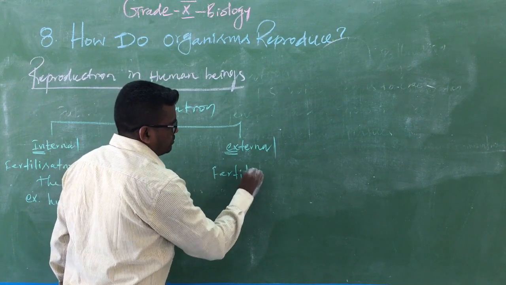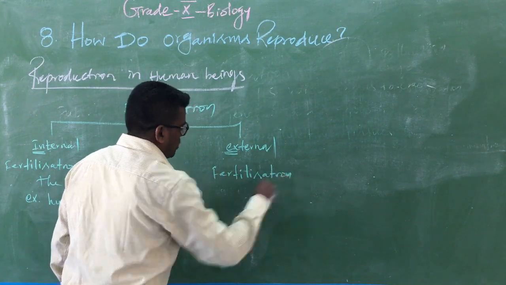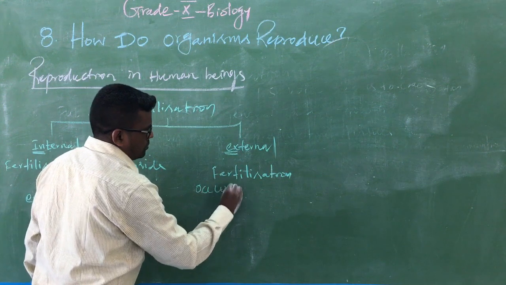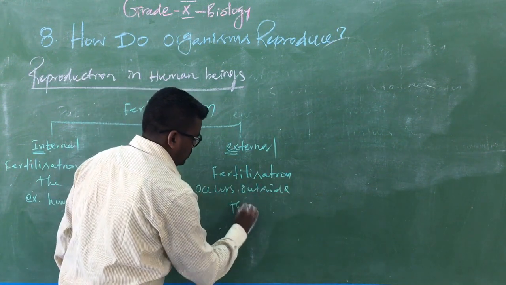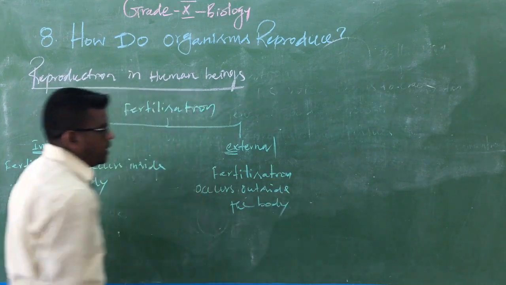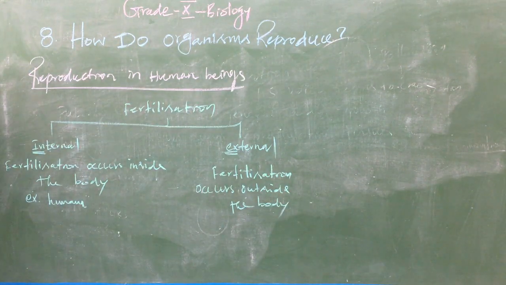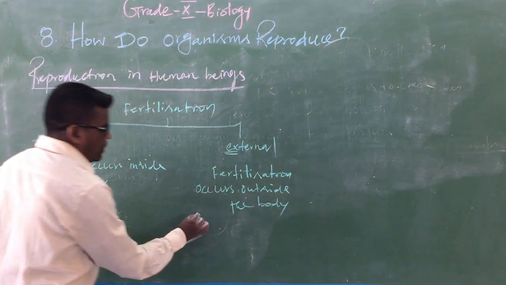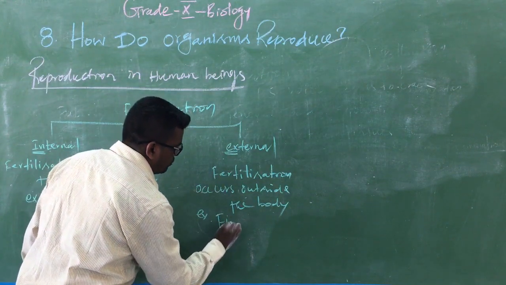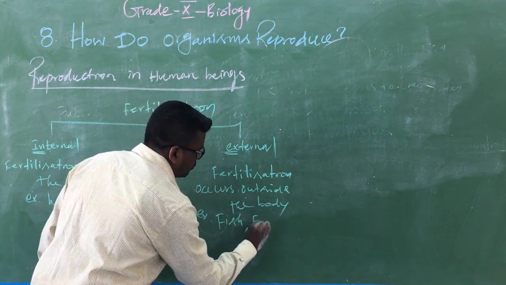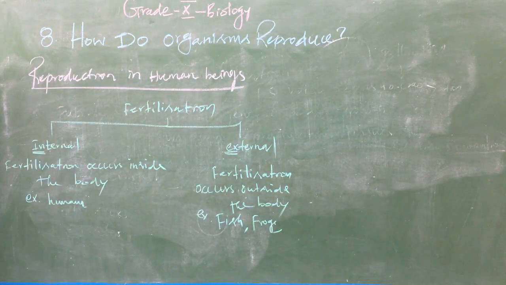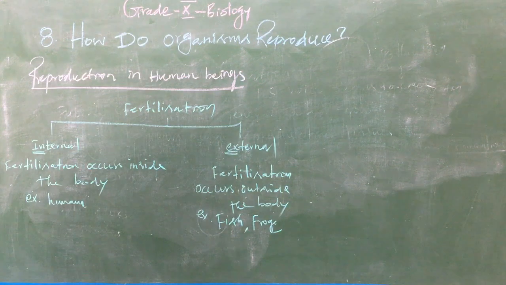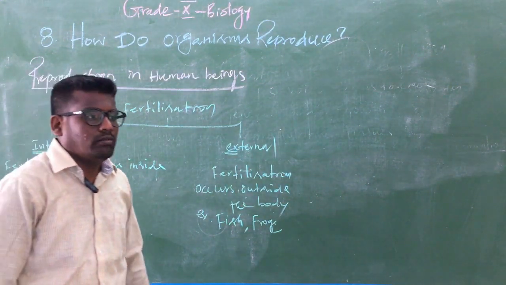Fertilization that occurs outside the body is called external fertilization. Examples: fish and frog. So that is the differentiation between internal and external fertilization.